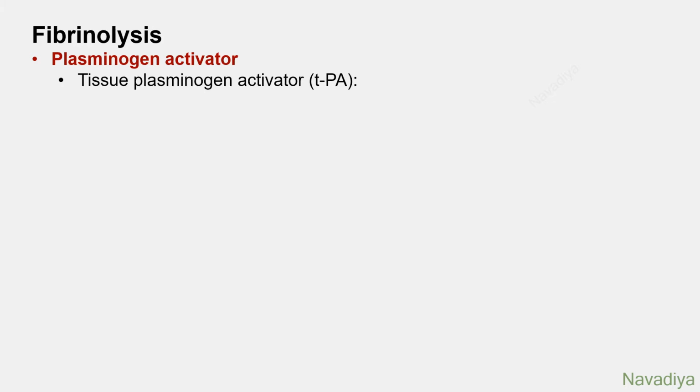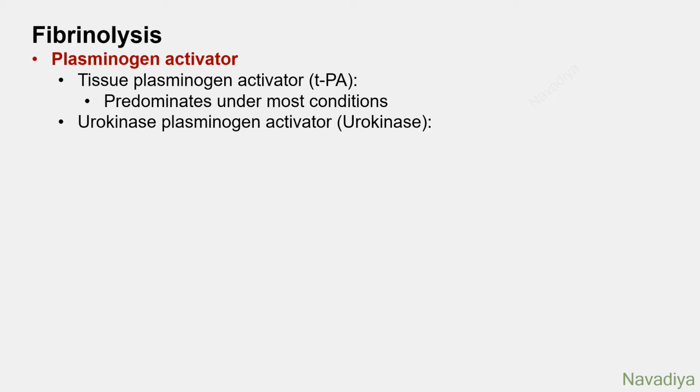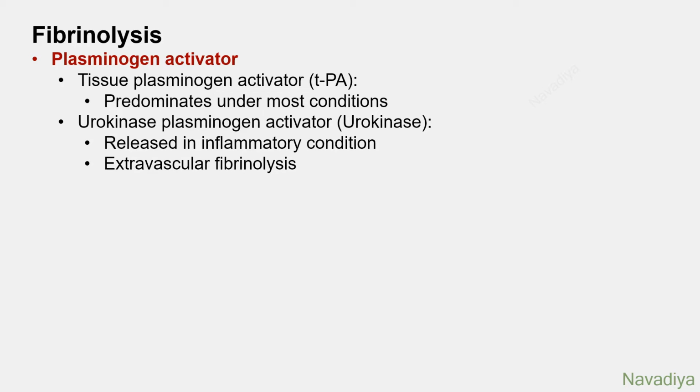So the process of fibrinolysis starts with plasminogen activator released from endothelium. There are two types of plasminogen activators. Tissue plasminogen activator, which predominates under most conditions, and urokinase plasminogen activator, which is released in inflammation and carries out extravascular fibrinolysis. Plasminogen activators convert inactive plasminogen into active plasmin.